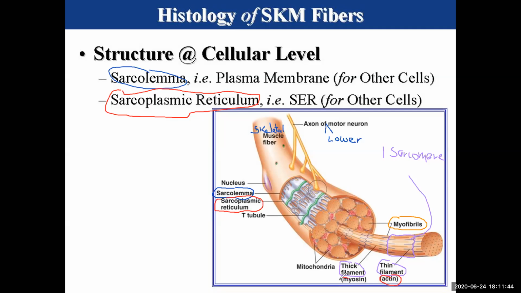And the thick filament is made of myosin. The interaction between actin and myosin is what gives rise to contraction, which we're going to learn shortly. This interaction is called cross-bridge formation.